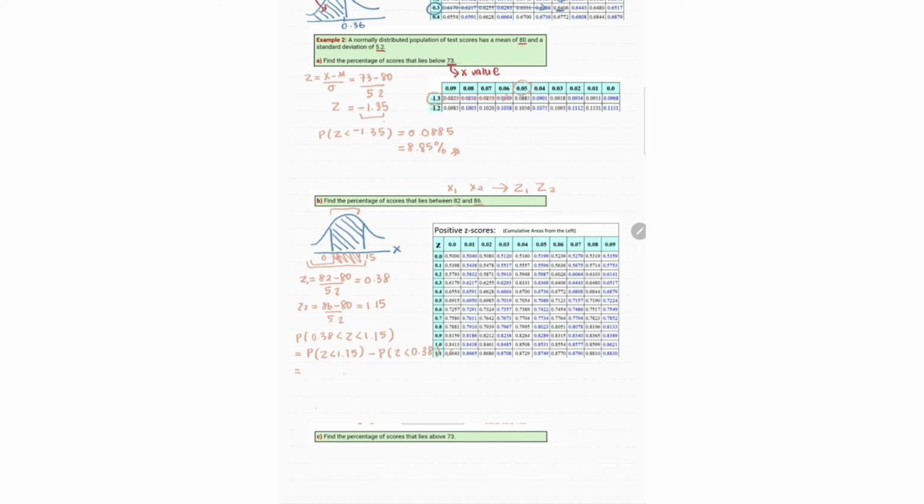And then we just look at the z-score table to find the values, like we did before. And that's it, we got the answer. Super simple, right? I hope you guys can do this.